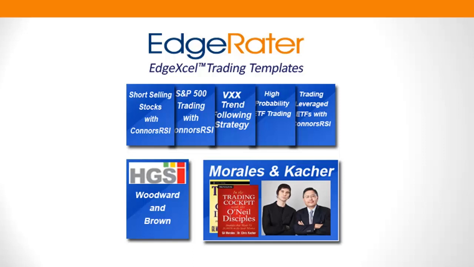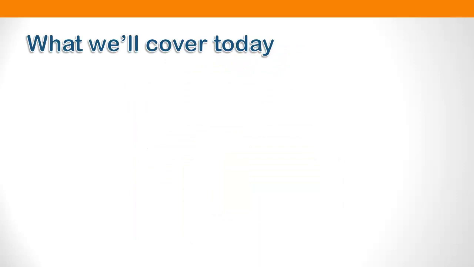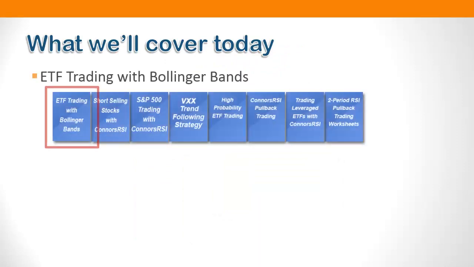This month, August, what we're going to cover is all about ETF trading with Bollinger Bands. That happens to be another strategy guide released by tradingmarkets.com and Connors Research, written by Larry Connors, Cesar Alvarez, and Matt Radtke. This strategy guide now complements all of the other implementations of the strategy guides that we have within EdgeRater PRO Unleashed.